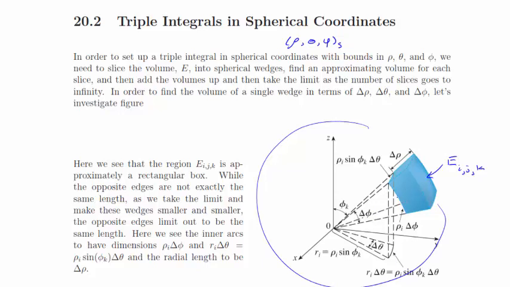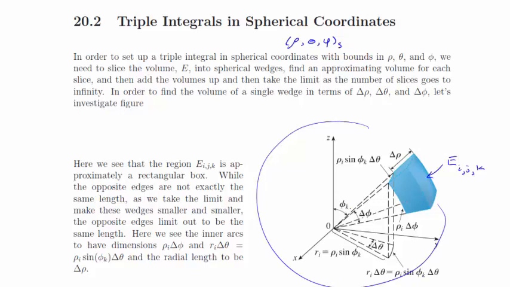So this inner edge has a length of rho sub i times delta phi, and then the inner edge that's going in the theta direction, that has been projected down into the xy plane so we can see it a little bit better here. That's going to be the distance r from the origin times delta theta, and r we know equals rho sub i times sine of phi sub k.